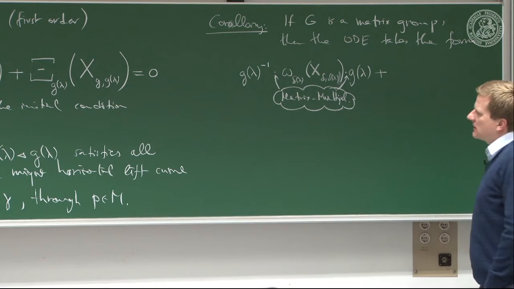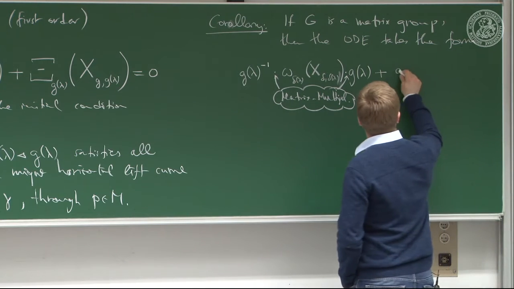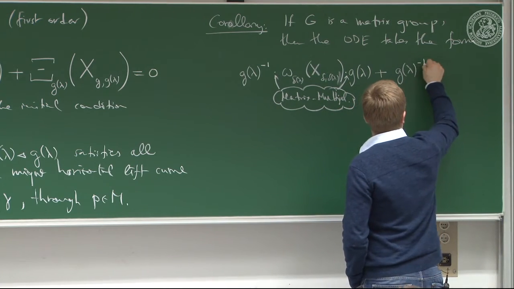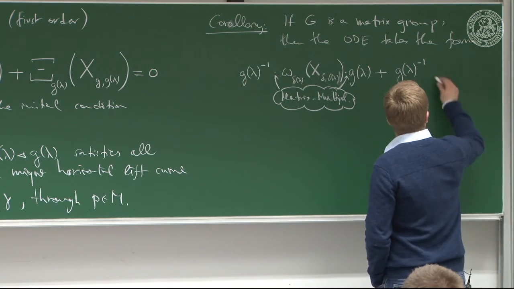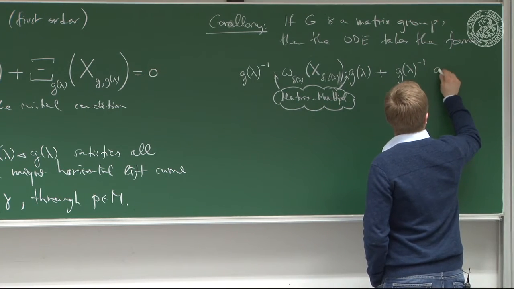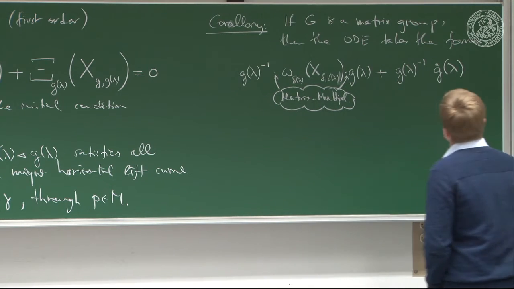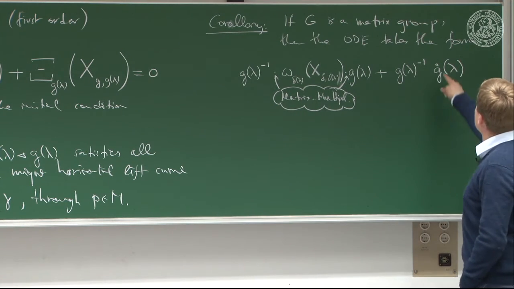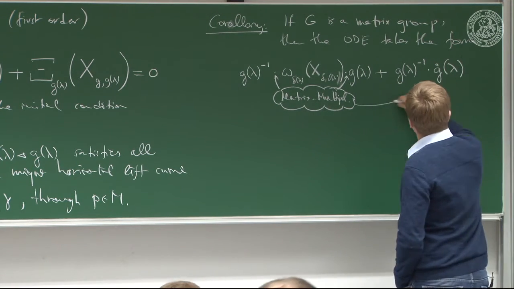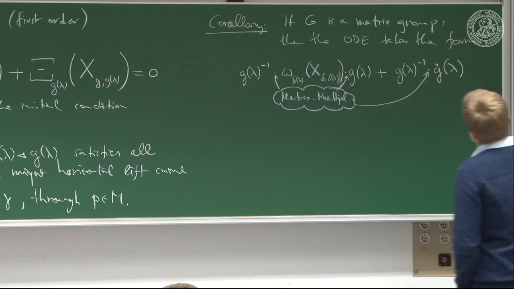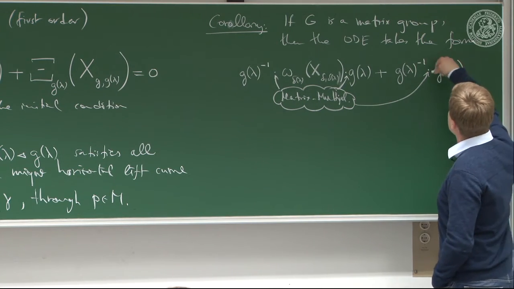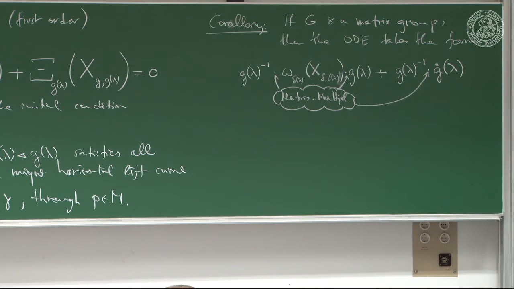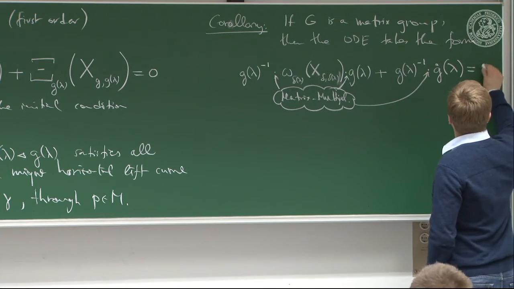And here the Maurer-Cartan form we also calculated for this case, and we found that it's the inverse of the group element acting on the g dot of lambda, where the g dot is just the derivative of the matrix element. So there's another matrix multiplication here, the derivative of the matrix elements with respect to lambda. So we wrote dg by dt or something, and that's this thing equals 0.